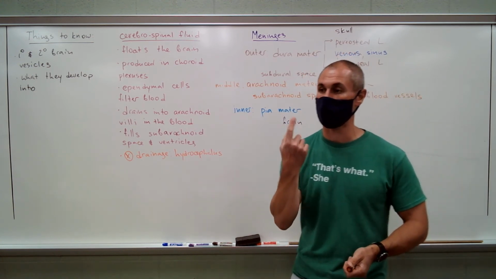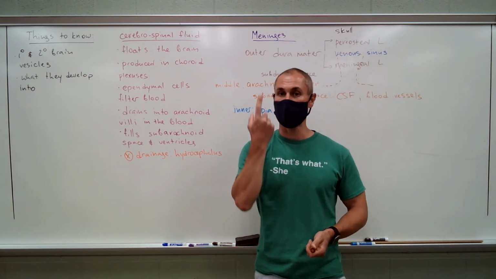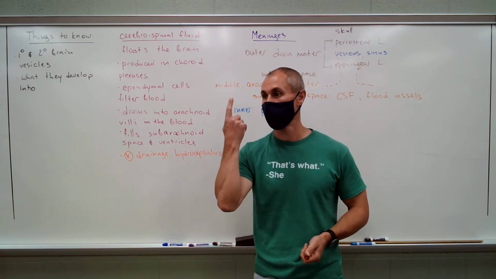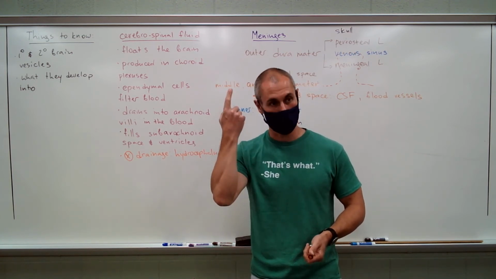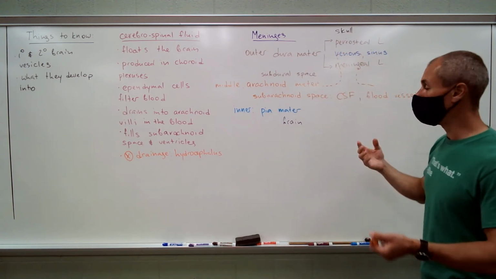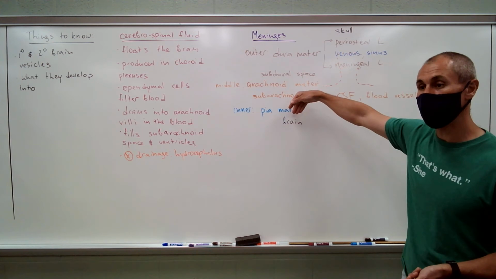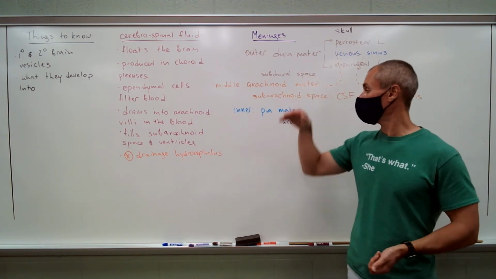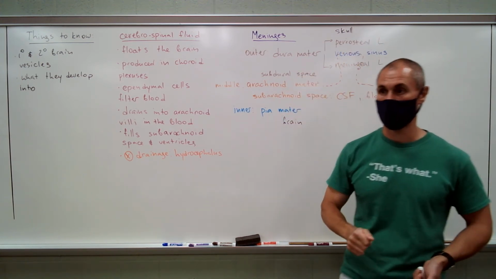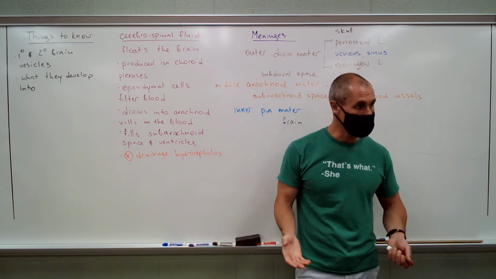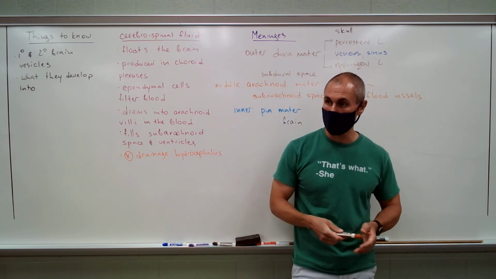At this point, CSF starts sprinkling out of the hole that you're making in somebody's head. Starts leaking. You may or may not hit a blood vessel, and then you hit the pia mater, which is super thin, and you are in the brain. This is basically the order of how it goes.